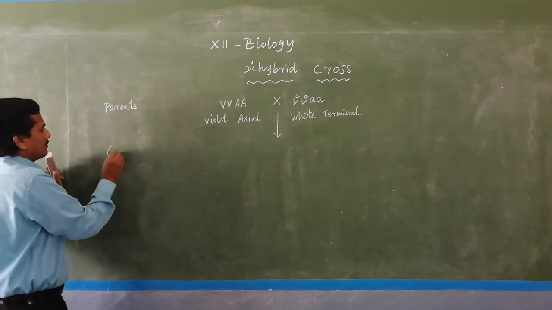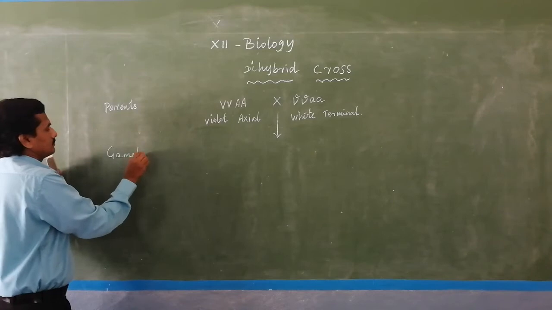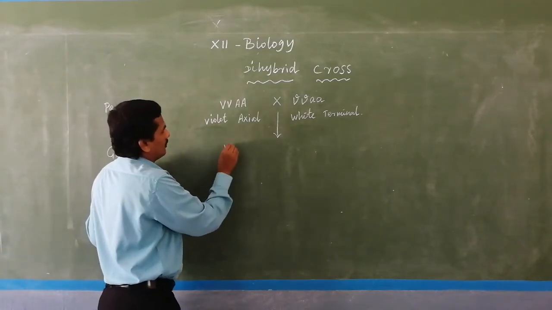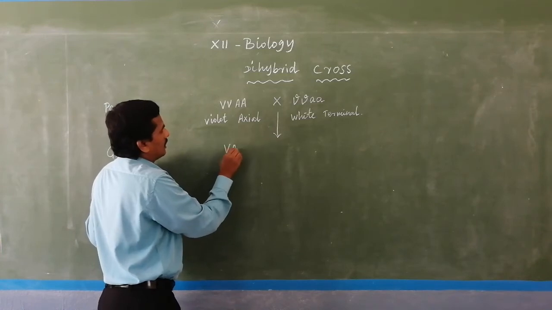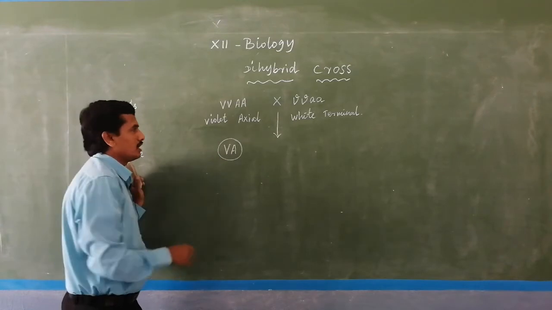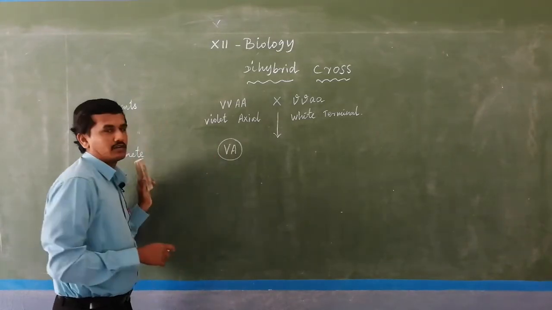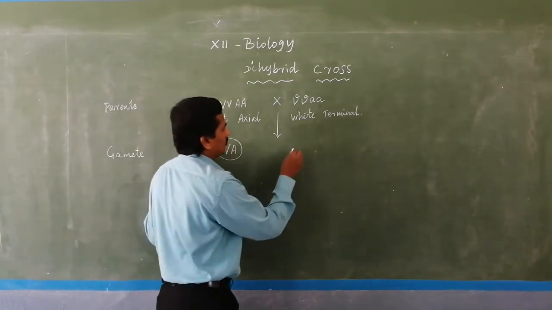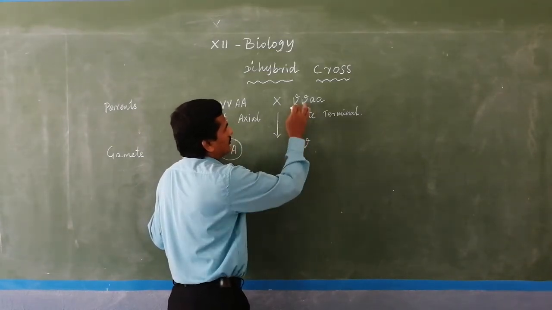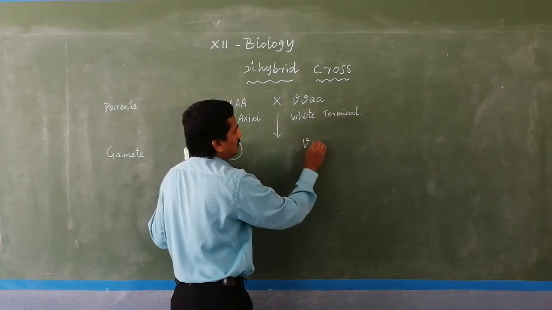Next one is gamete. Gamete means violet color character is controlled by one gene, axial character is controlled by another gene. Here also, white color is controlled by one gene and the terminal is controlled by another gene.